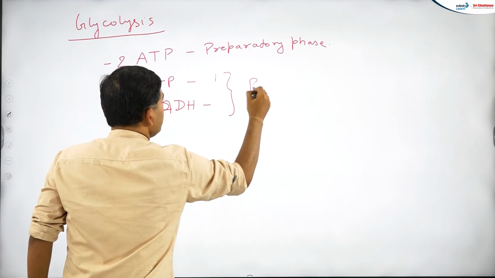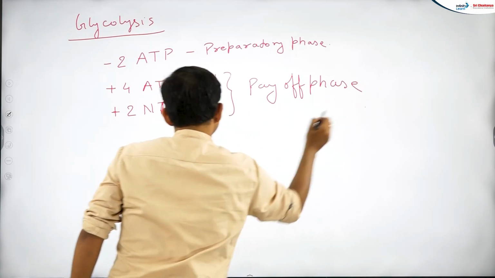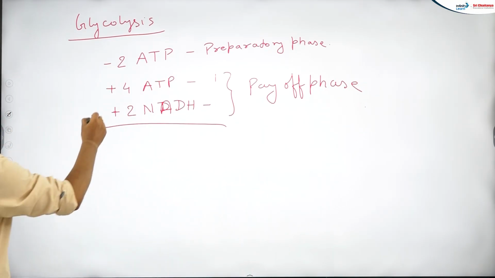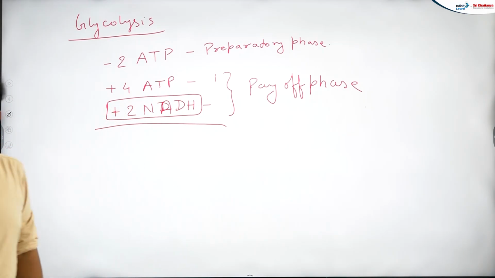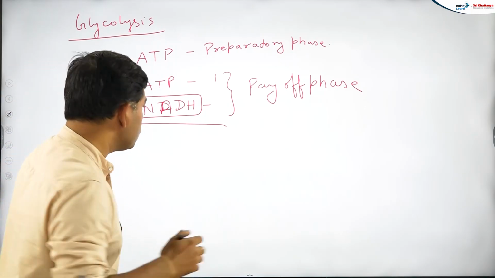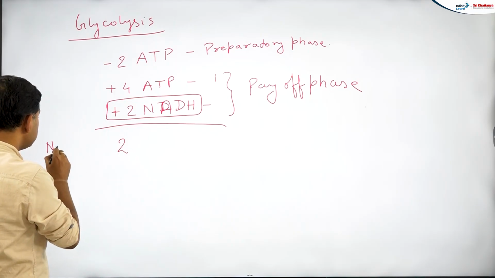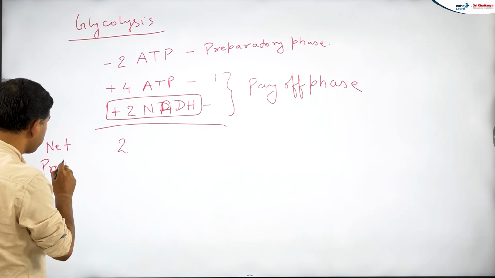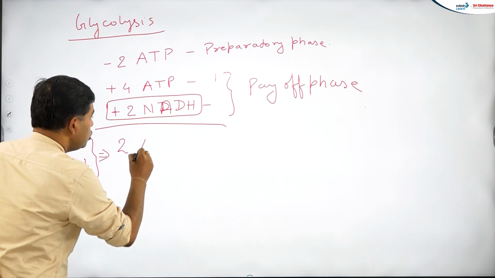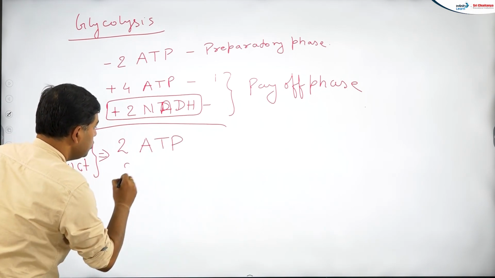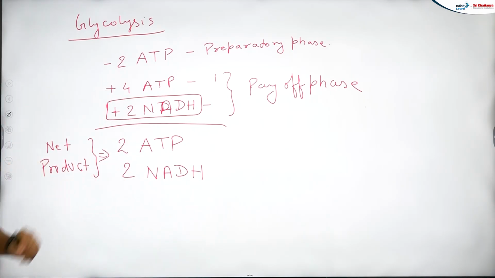This too is in the payoff phase. Now, let's see the energy balance. Now, as I said, this 2 NADH will produce ATP only in case of aerobic respiration, right? So, overall, here if we see the net product of glycolysis. So, net product of glycolysis is 2 ATP and 2 NADH. 2 ATP and 2 NADH.